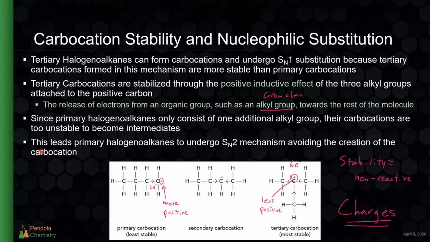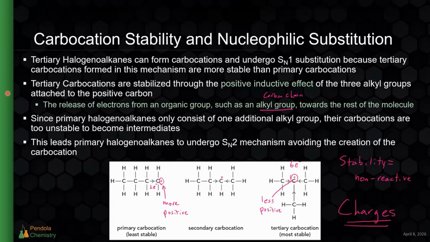How does that relate to SN1 and SN2 mechanisms? The reason why tertiary halogenoalkanes can undergo SN1 mechanisms is because they create tertiary carbocations, which are more stable, whereas a primary halogenoalkane will create a primary carbocation, which is less stable because the charge on it is more positive.